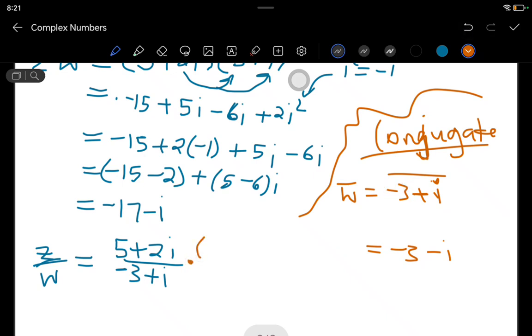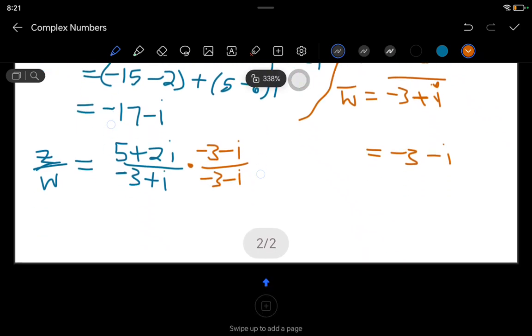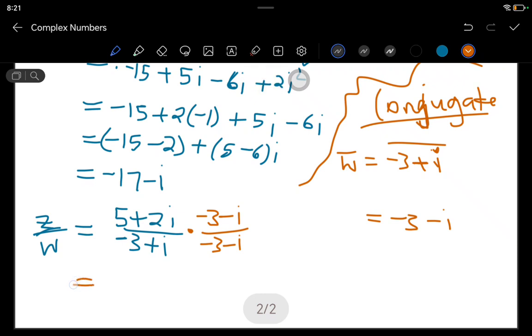When you multiply here, you have this by this, which is minus 15 minus 5I, and the same for 2. And then minus 6I minus 2I squared, all over this.